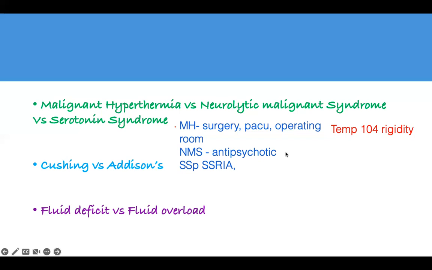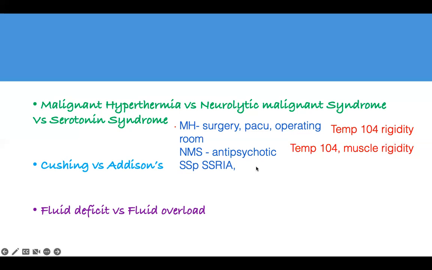What is NMS? Well, that one will be easy. Patient is on antipsychotic and his temperature is also the same. Temperature is 104 and he also has what? Muscle rigidity. You see how they can confuse you. Guess what? Patient on SSRI is the same thing.